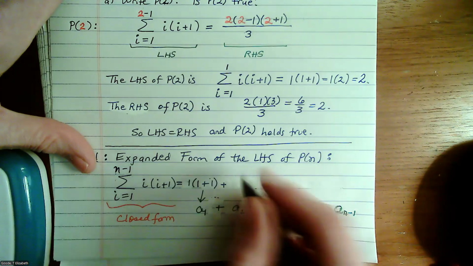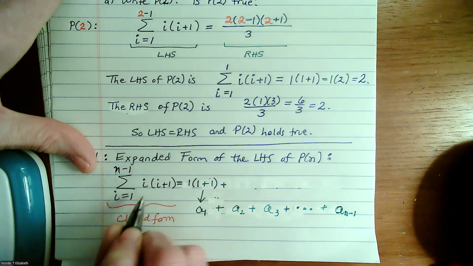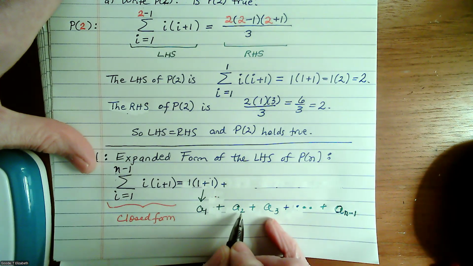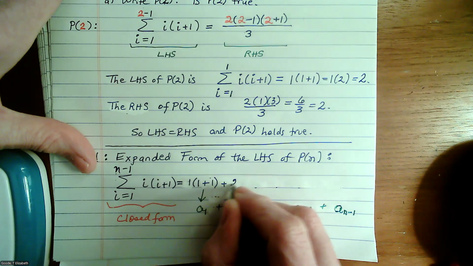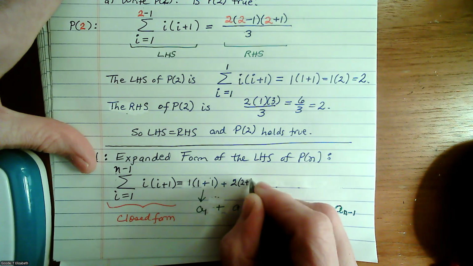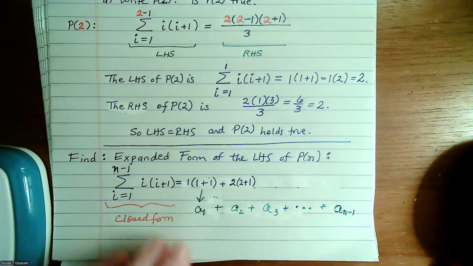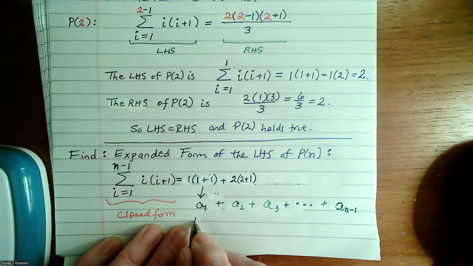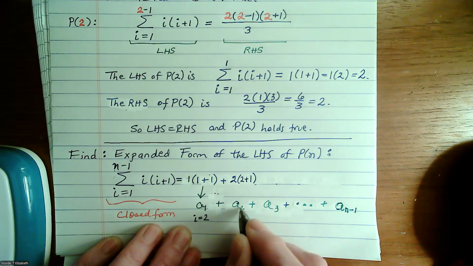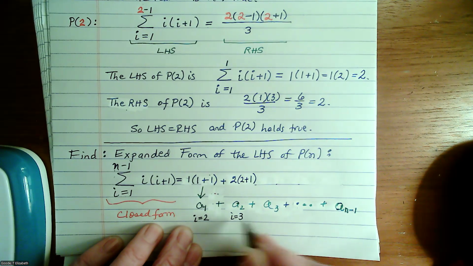What A2 was, when i is 2, was 2 times 2 plus 1. And let's just make a little note here. That's why it starts when i is 2. This is when i is 2. This is when i is 3, right?